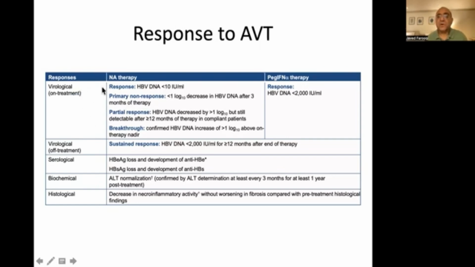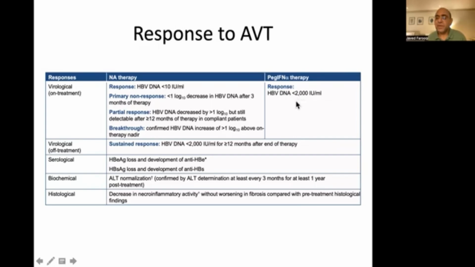The virological response, first, on treatment, is different for oral therapy and for pegylated interferon therapy. For pegylated interferon therapy, it is simple: on treatment, the DNA level should drop to less than 2000 international units.